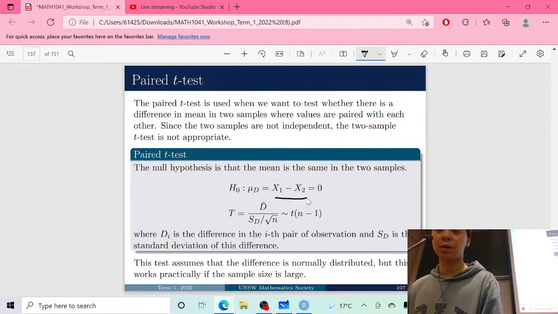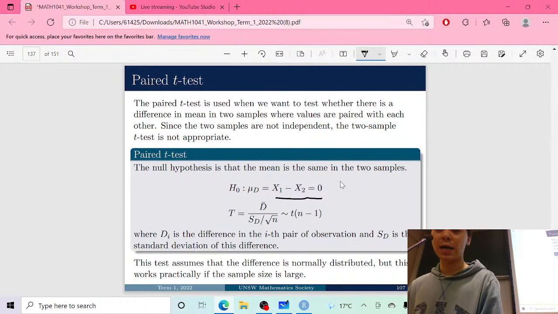So you have x1 minus x2 equal to 0 as the null hypothesis, and the alternative hypothesis is that they're not the same, so there is a difference. The t-distribution here is going to be this here. d bar denotes the difference in the ith pair of the observation.